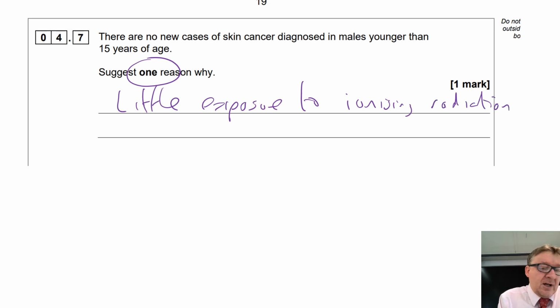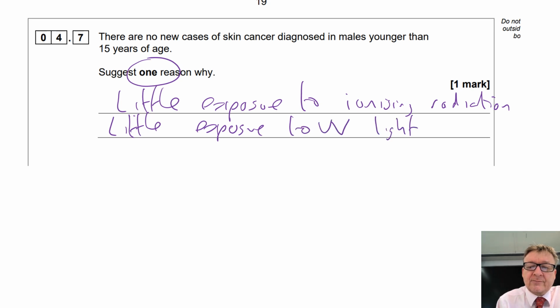Okay. Probably a more likely one to remember is little exposure to UV light. Also, mummy and daddy will get you when you're younger to use more sunscreen.